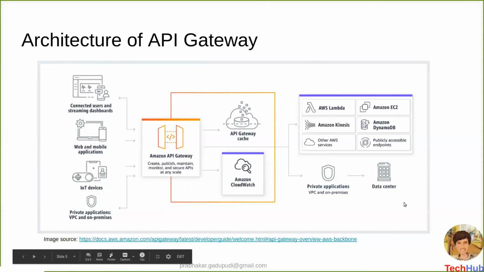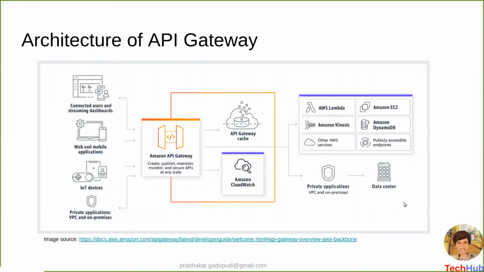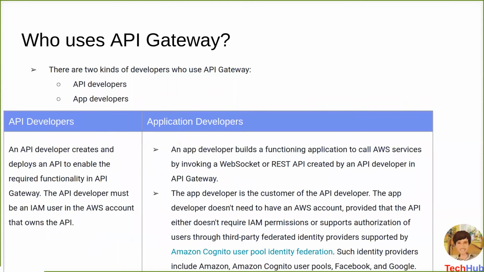Why is API Gateway required? Suppose I can do the same thing by following the traditional approach, but still, why is API Gateway required? Because API Gateway supports two kinds of developers: API developers and app developers.